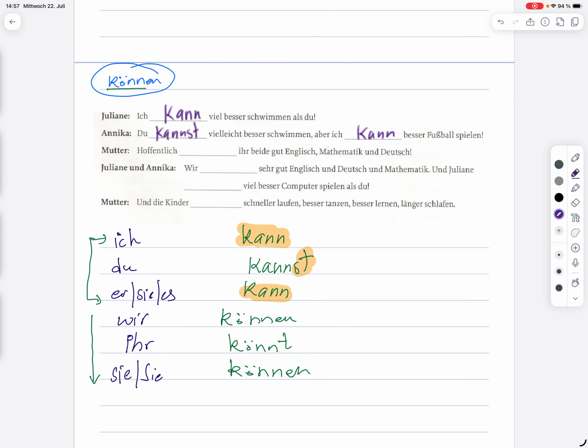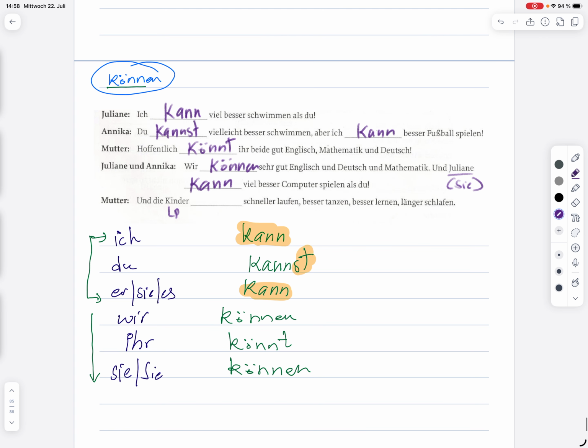For ihr, it is könnt. Then Juliane und Annika: wir können sehr gut Englisch und Deutsch und Mathematik, und Juliane kann viel besser Computer spielen als du. So wir können sehr gut Englisch und Deutsch und Mathematik, and Juliane, so she is a sie, so we will have Juliane kann viel besser Computer spielen, und die Kinder, that's plural, right?